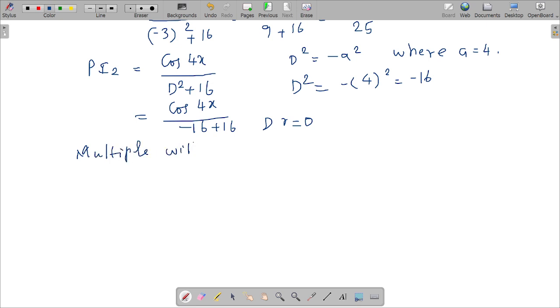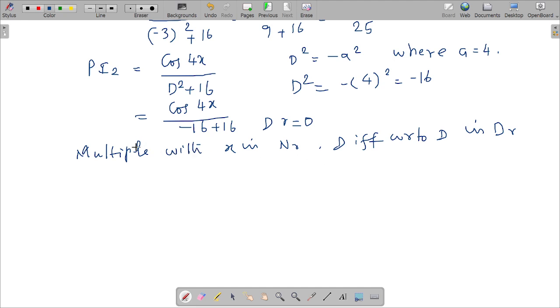Multiply with x in the numerator. Differentiate with respect to D in the denominator. Then what happens? Multiply with x in the numerator.